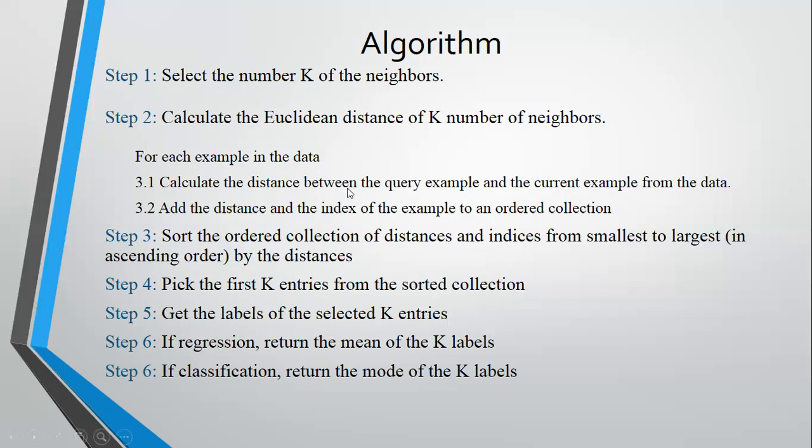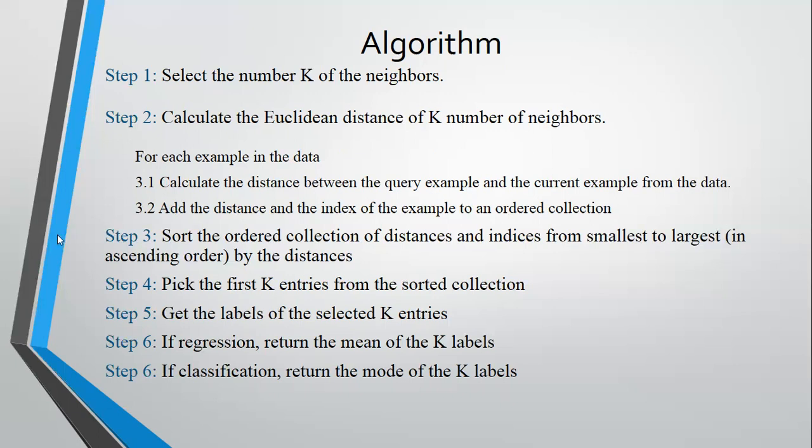Calculate the distance between the query example and the current example from your data set. Now add the distance and the index of the example to an ordered collection. The distance is added as a separate column in your data set, and you assign an index for every distance. In other words, you place a rank based on the value.